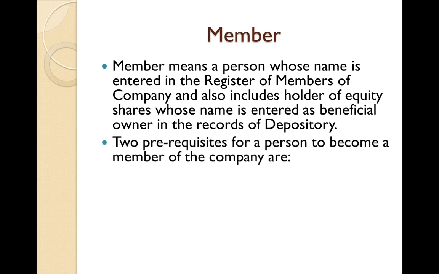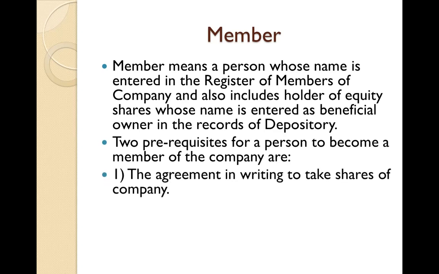Basically, there are two criteria, or we can say two rules, for a member. If you want to be a member, there should be a written agreement between the purchaser and seller, here the shareholder and the company.